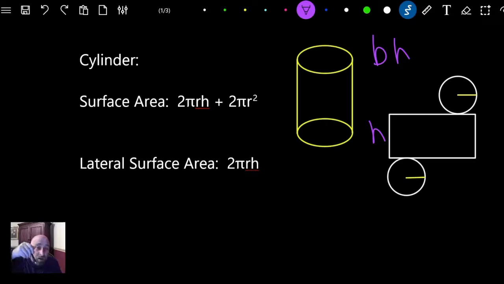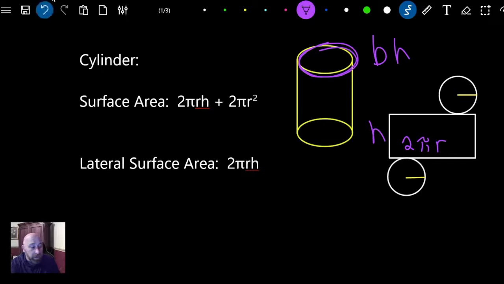And it's really hard to measure the distance around something, right? That's why mathematicians developed pi, so that we can measure the distance around something. So here's what this is. This measurement right here in this rectangle is actually 2 pi r. 2 pi r. And if you remember what 2 pi r is, it's your circumference around the circle.